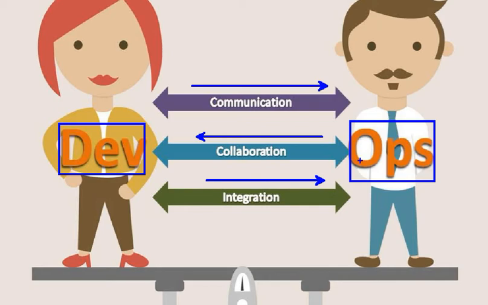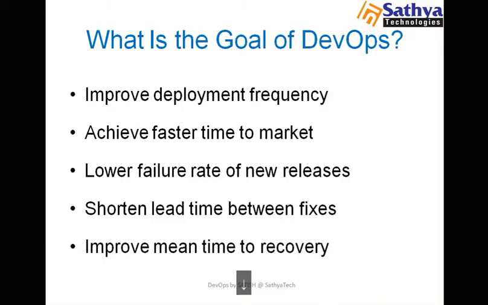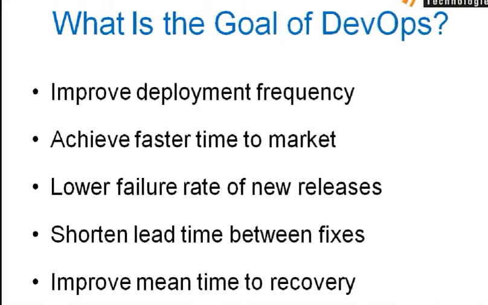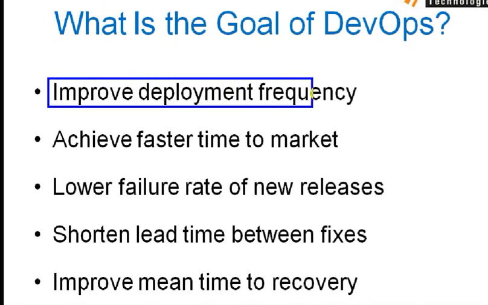Now we can see what the goals of DevOps are, or what the advantages of DevOps are. One is to improve deployment frequency. That is, a project can contain multiple deployments.